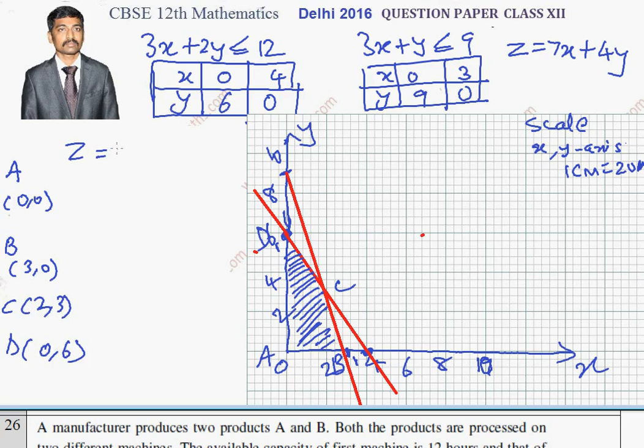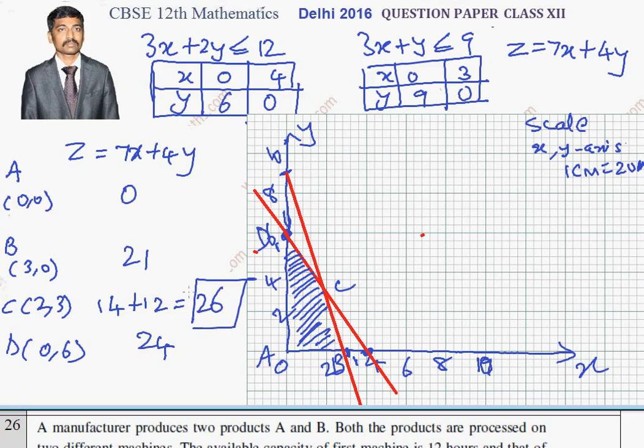Find the Z value for all the points. So here Z is 0. Here it is 21. Here it is 14 plus 12, so we get 26, and the other one is 24. They're asking for the maximum profit. So the maximum profit is 26 at 2, 3.